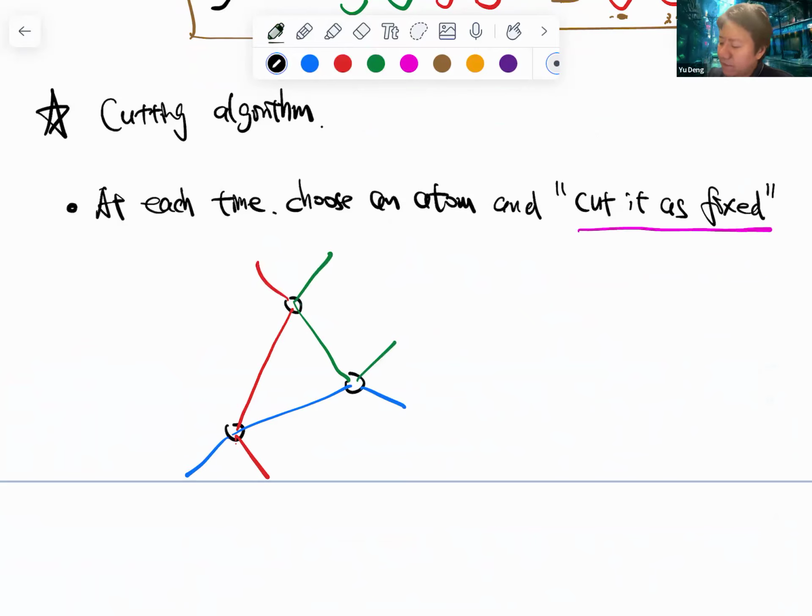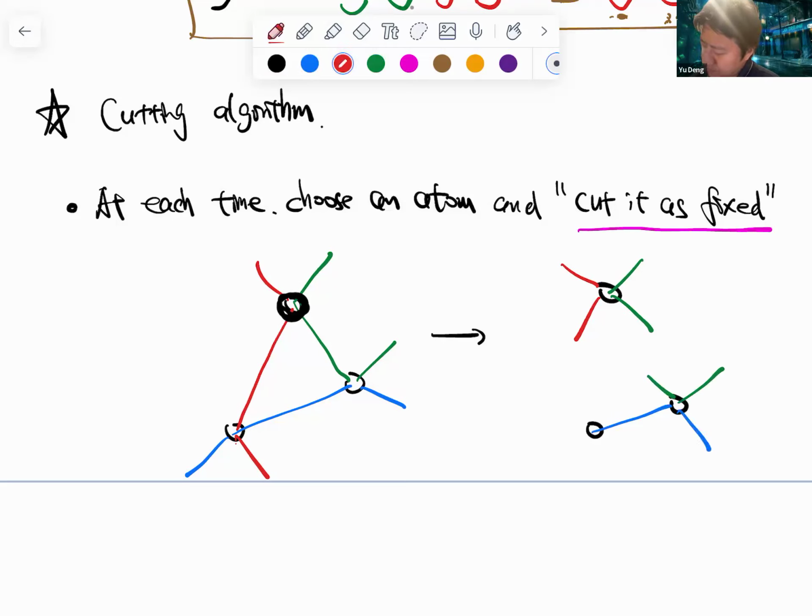Okay, so let's say we first choose this one, the top one. This is the first one we choose, and we cut it. Cutting it as fixed means that we first cut it and turn this into these two things, and we have another red here.